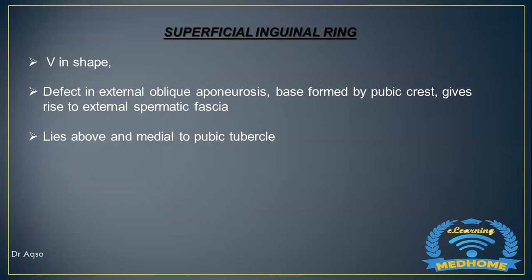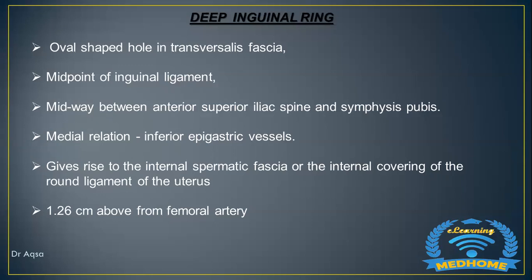Now, the superficial inguinal ring gives rise to the external spermatic fascia, while the deep inguinal ring gives rise to the internal spermatic fascia in males, and in the female, it forms the covering of the round ligament of uterus.